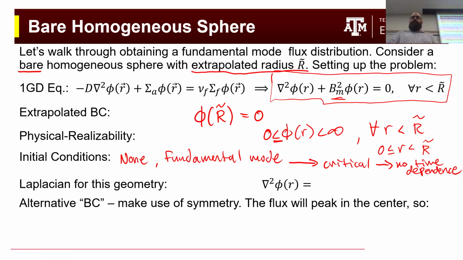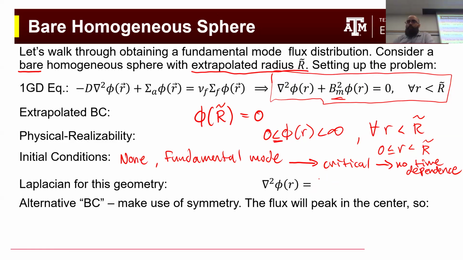And then for moving forward, we need to spell out what the Laplacian is for this particular geometry. In this case, because we have a sphere, we can write out what the Laplacian is for a sphere.